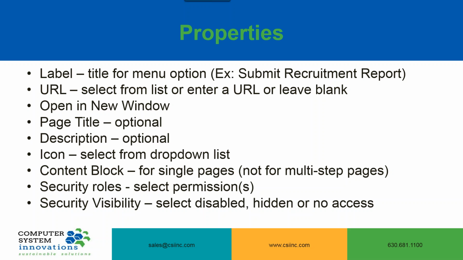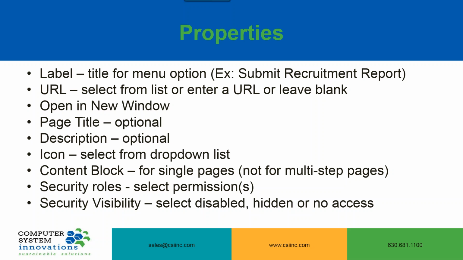You can select a content block for the sitemap item. This should be used for pages that do not come with their own content block, such as manage members, manage leaders, or reports that you may have already added a content block for. As we mentioned before, you need to set the security role or permission. And note the visibility options.